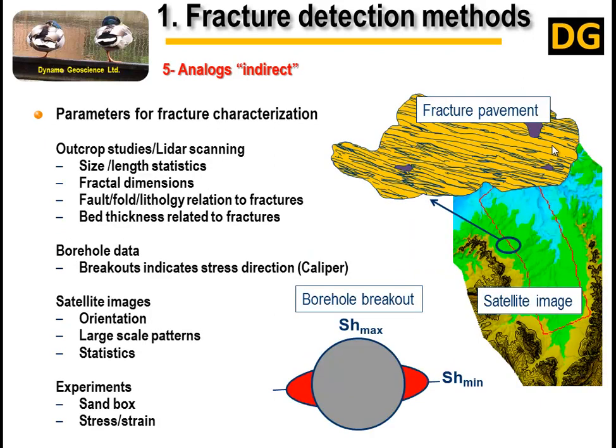Number 5, the analog, still an indirect method for fracture detection. Plenty of sub-items like the lab experiments, satellite image, the borehole data, field trips, outcrops studies.